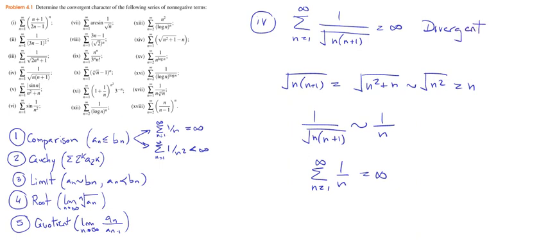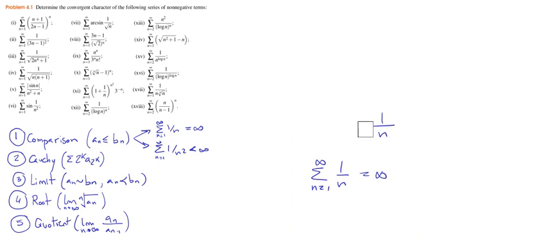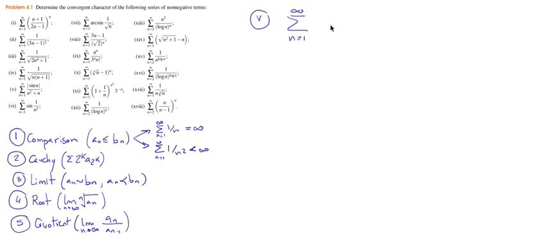Okay, cool. Let's go to 5. It is the sum from n equals 1 to infinity of the absolute value of the sine of n over n squared plus n.